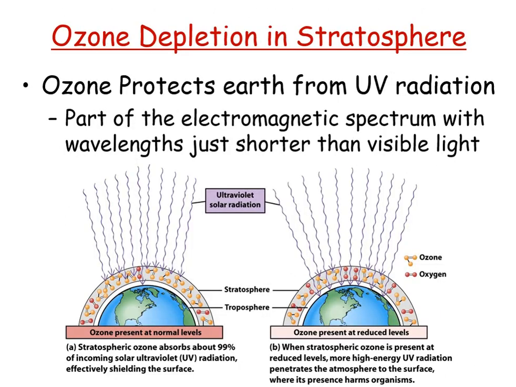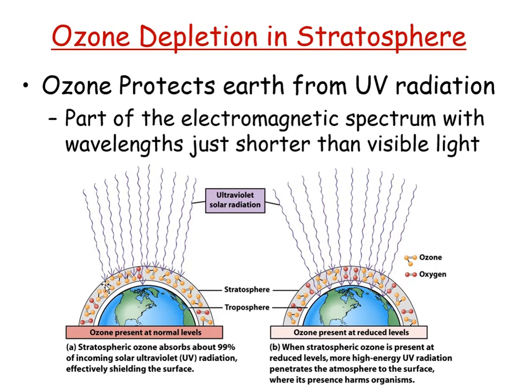In the environment, if we look at the upper surface of the earth, there are various materials. There are some gases forming a layer of ozone at the upper strata of our atmosphere, which is actually protecting us from the UV radiation coming from the sun.